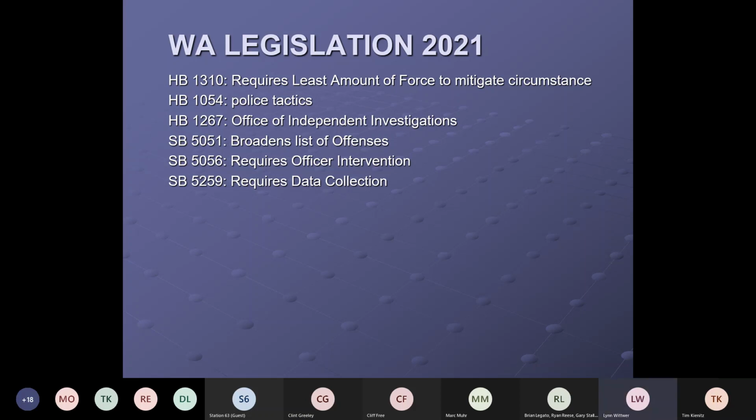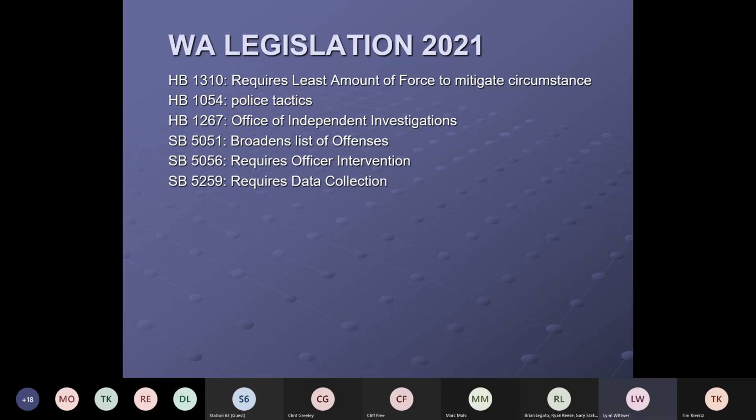It tells them when they can and can't use tear gas. They can't have no-knock entries. Then House Bill 1267 established a new office at the governor's level, an Office of Independent Investigations. And of course, that hasn't been worked out as to exactly what they can and can't do.